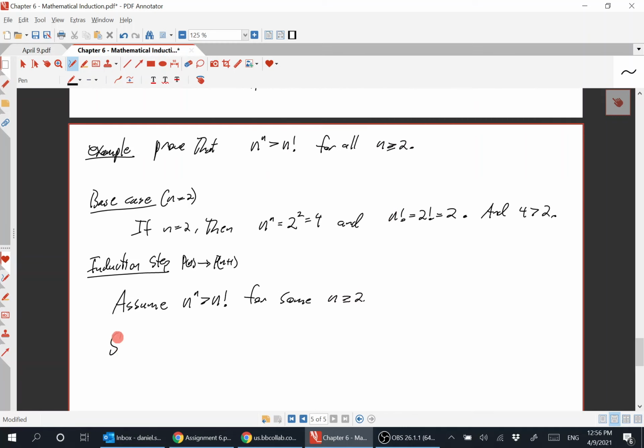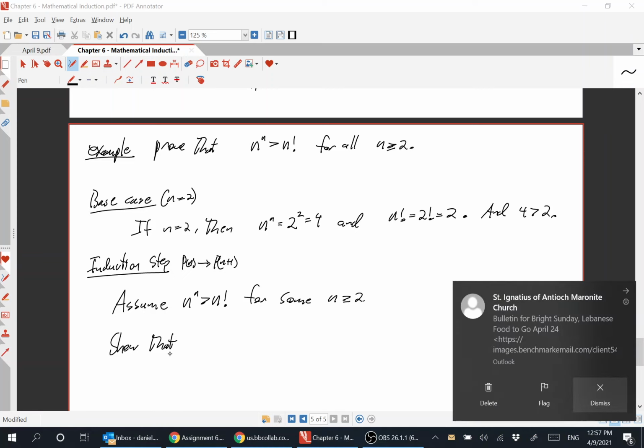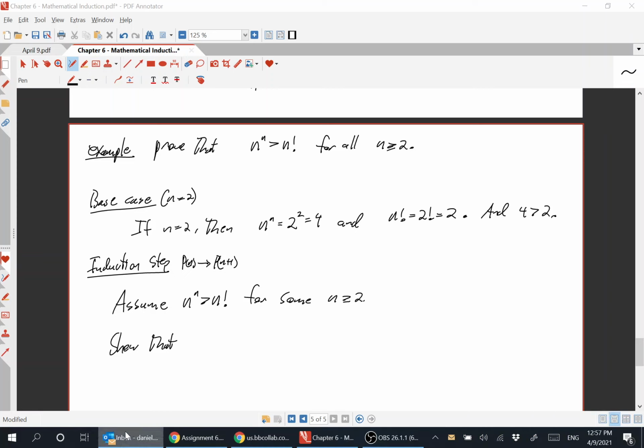Show that. Well, what's Pn plus 1? n plus 1 to the n plus 1 is greater than n plus 1 factorial.